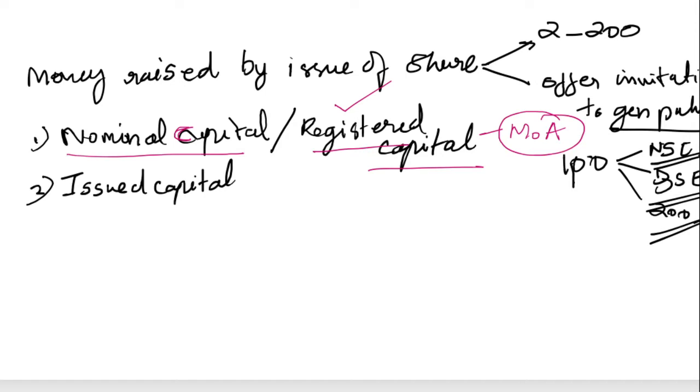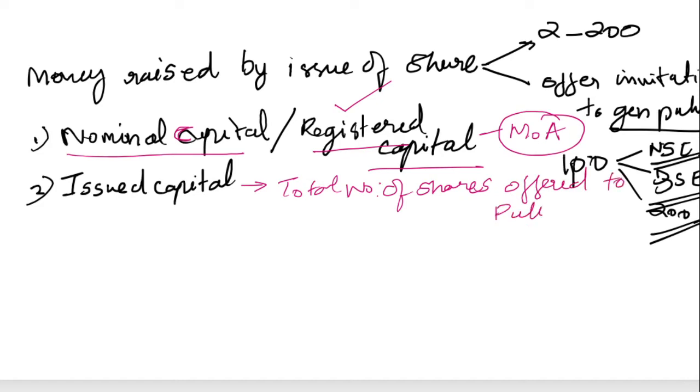Nothing, it is what exactly the total number of shares offered to the public. It is already issued, right? So it is called issued capital. So the total number of shares offered to the public is called issued. Already it has been issued.